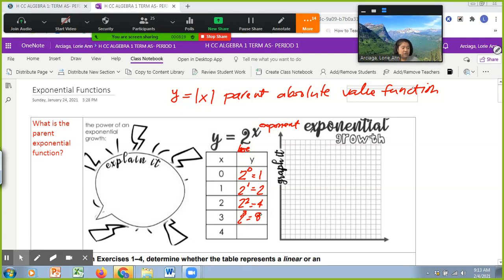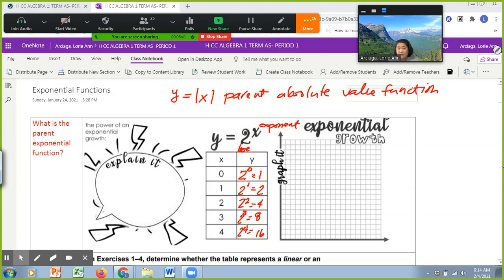Very good. 2 times 2 is 4, times 2 is 8. 2 to the fourth power, 16. Very good. All right. So that's how we fill up the table.